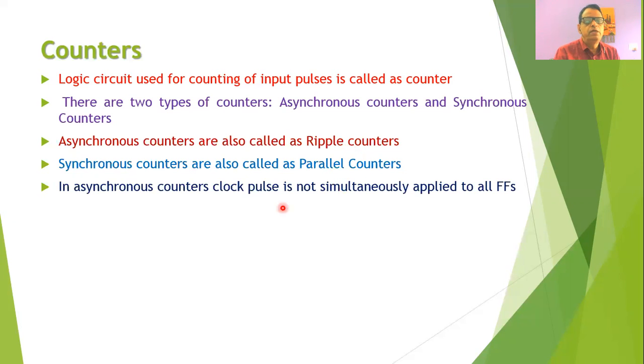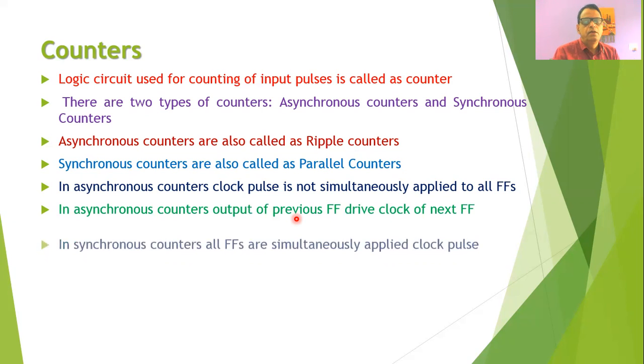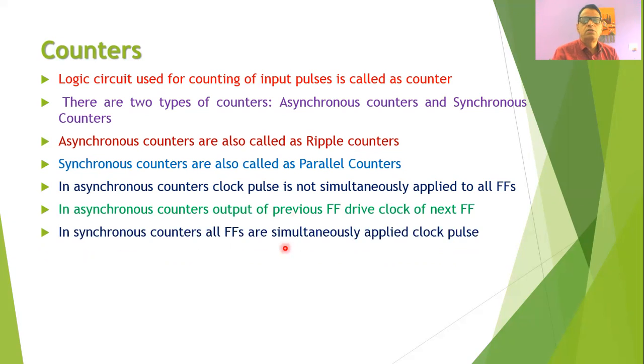As I told you, in an asynchronous counter, the clock pulse is not simultaneously applied to all the flip-flops, but only to one flip-flop, and the output of the previous flip-flop will drive the clock of the next flip-flop. While in synchronous counters, the clock pulse is applied to all the flip-flops simultaneously, and therefore the state of the synchronous counter changes rapidly, at a faster rate.